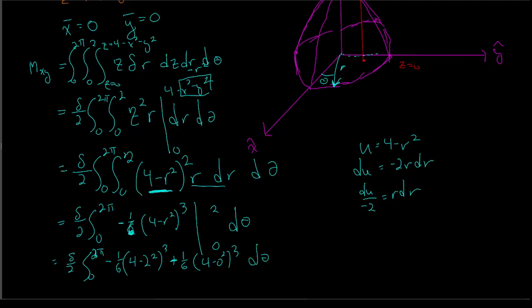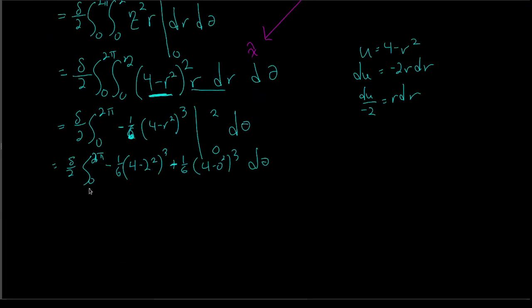This is where I always mess up. There's my little maths. So delta over 2, 0 to 2 pi. And this is going to give me 0. So 1/6 times 4 cubed, which is 64/6.